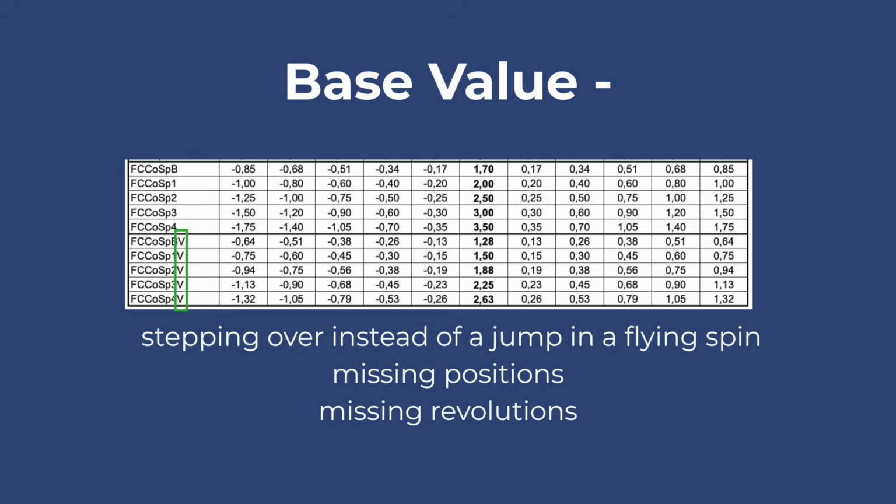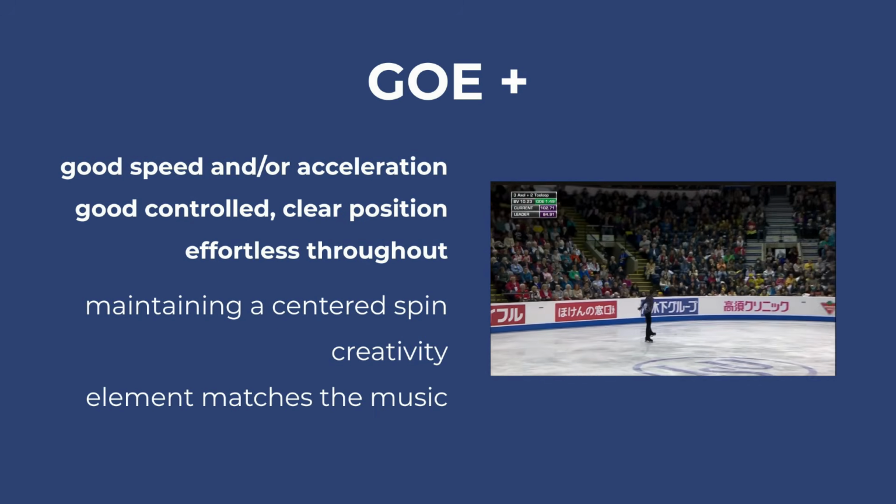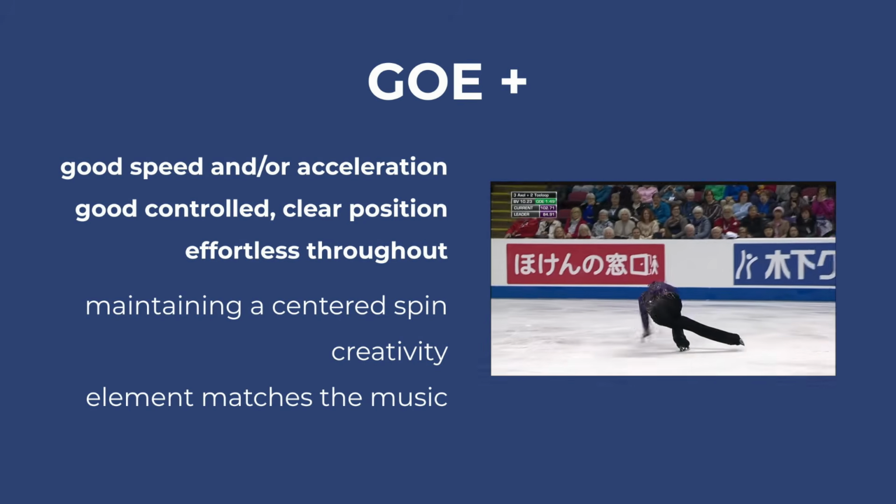Spins can also lose from the base value and receive a V in the case of the following mistakes: stepping over instead of a clearly visible jump in a flying spin, missing position, or missing a certain number of revolutions. The accumulation of these errors is also reflected in the GOE, which brings us to the judges' guidelines for the GOE.